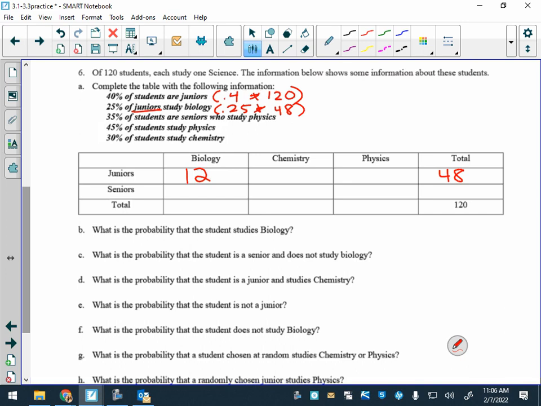Then we have 35% of students are seniors who study physics. So what would we do here? That would just give you the total of seniors in general.